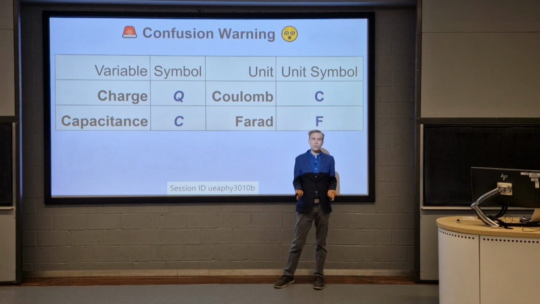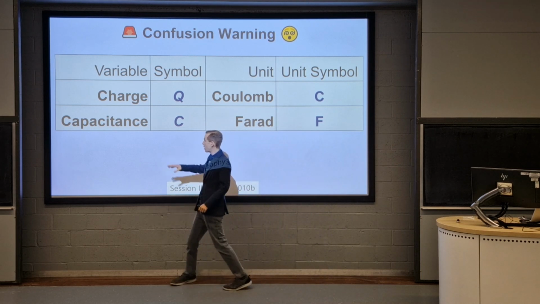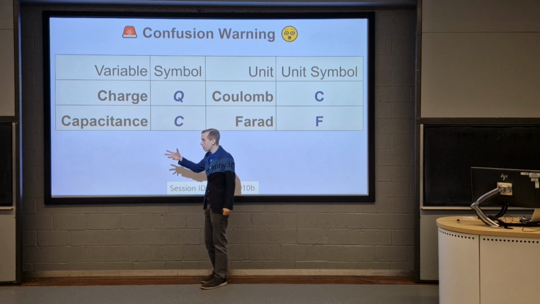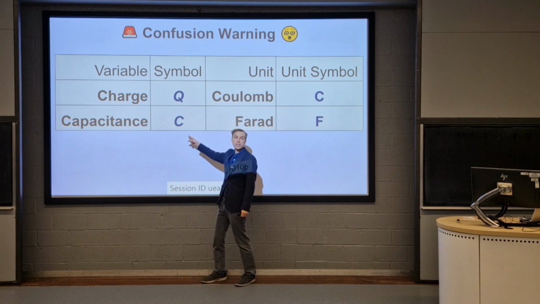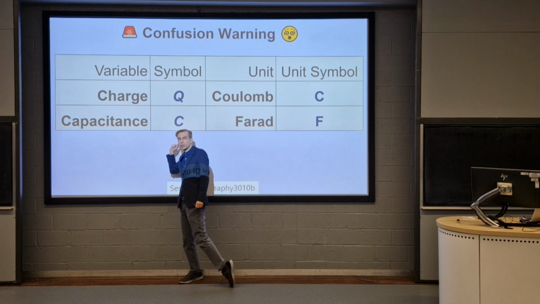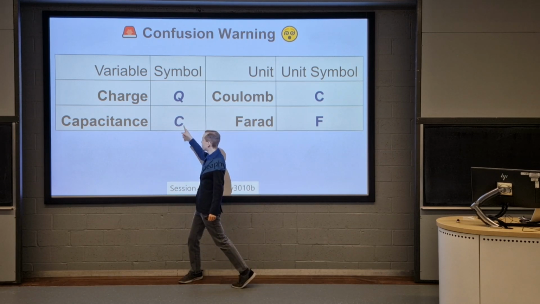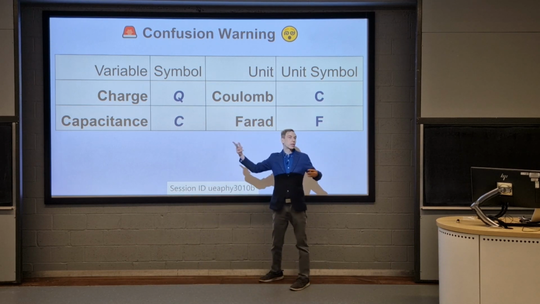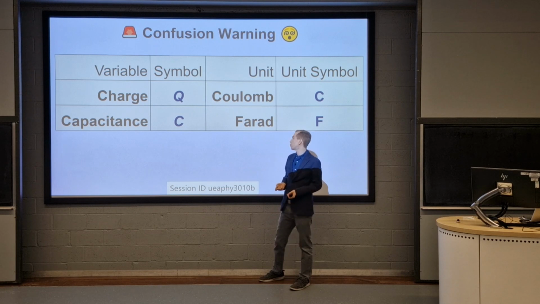It starts getting confusing when we introduce capacitance, because if we're thinking about capacitance, how big our capacitor is, the letter that we use for capacitance is a C, okay? So the symbol that we use to represent capacitance is also a C. So we've got this C over here for capacitance, and then we've got this C over here for coulombs. So I think you can see it's quite easy to get them confused, okay?